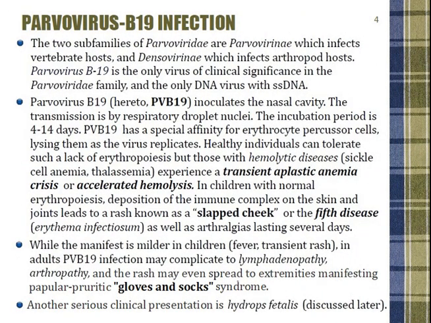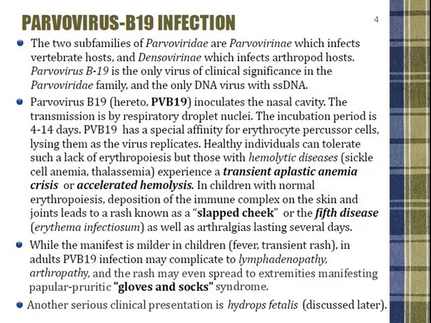Also, one needs to appreciate that the two subfamilies of Parvoviridae are Parvovirinae, which infects vertebrate hosts, and Densovirinae, which infects arthropod hosts. Parvovirus B19 is the only virus of this family that has clinical significance because of its structure, and later on I will explain why.